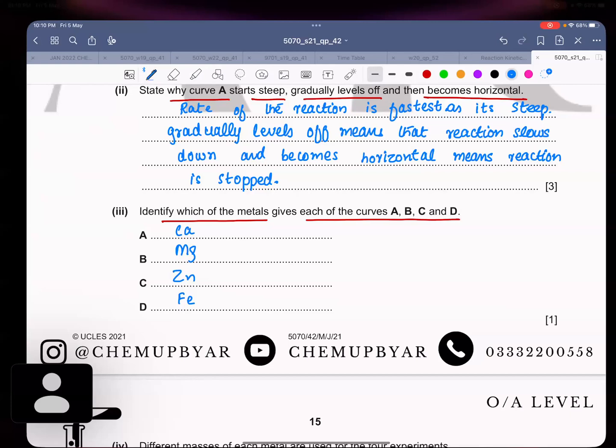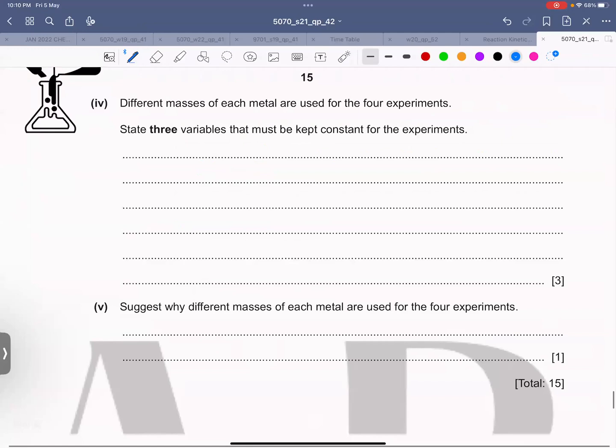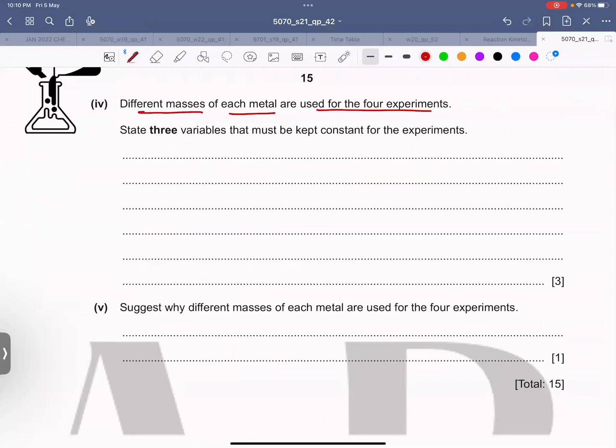Now, in the fourth part, they are saying different masses of each metal are used for the experiment. State three variables that must be kept constant for the experiment. Okay, so if we are going to observe the rate with different masses, temperature must be kept constant.